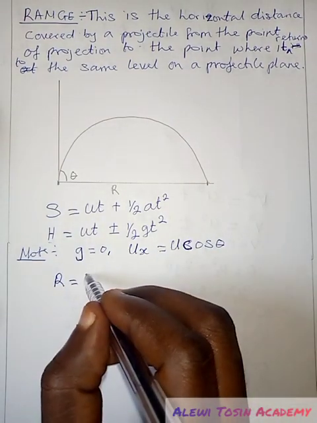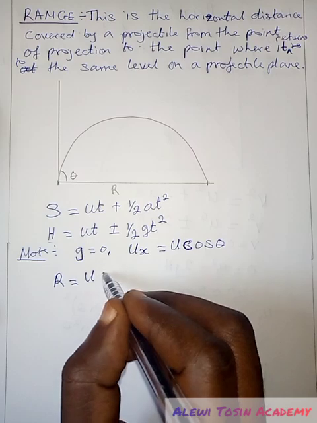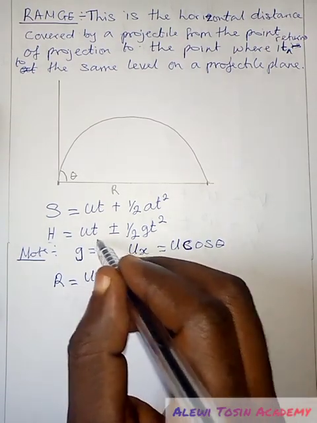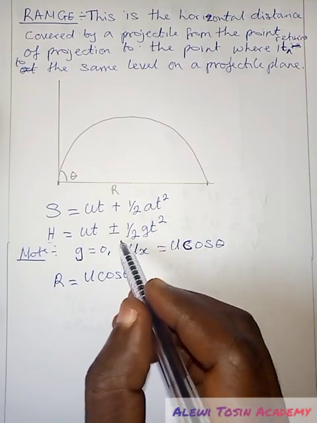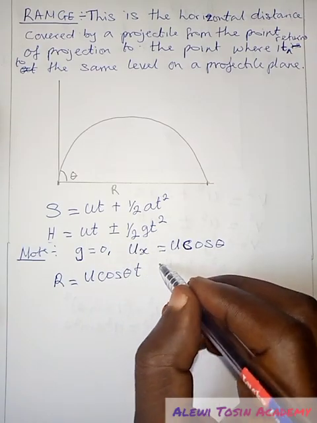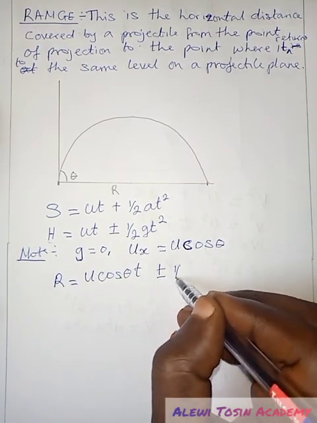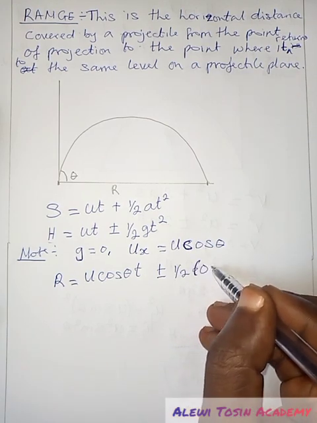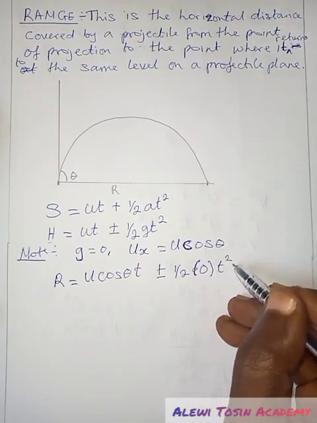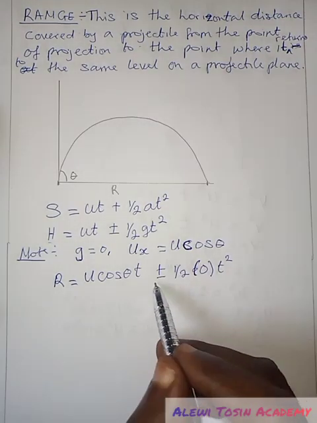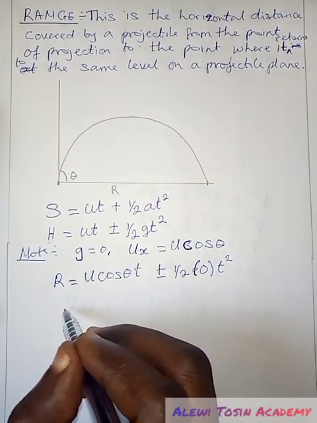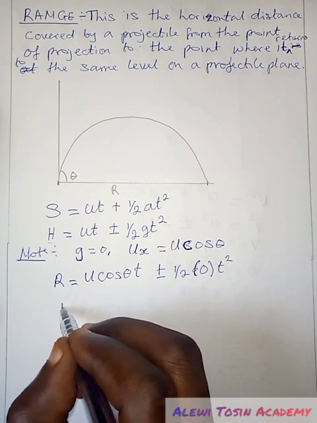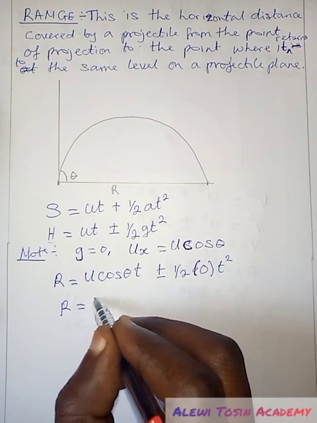Our u now will be u cos theta, and this t, where all this, plus or minus 1/2 g t square, our g is 0. When you multiply everything here by 0, they all disappear. So you have r is equal to u cos theta t.